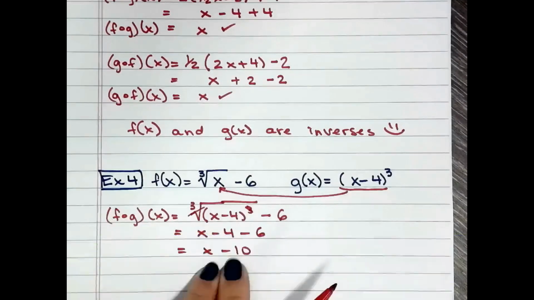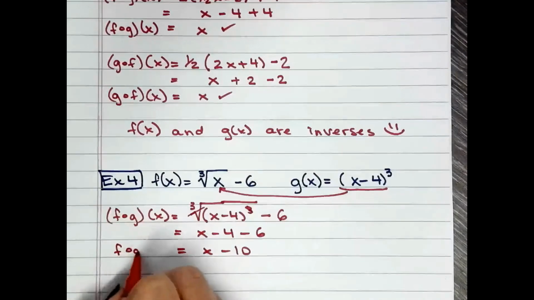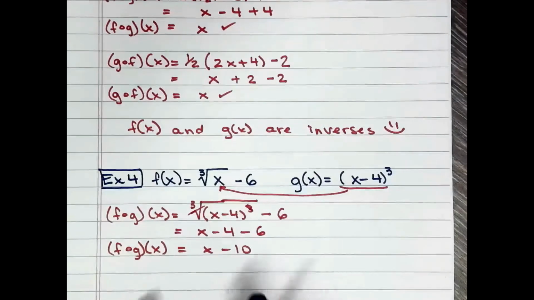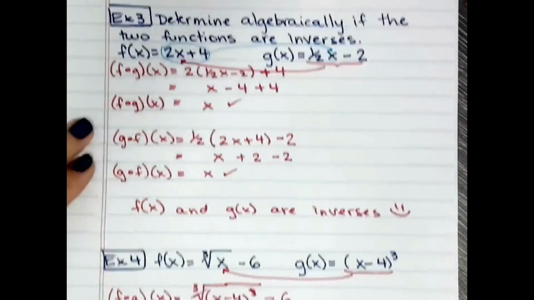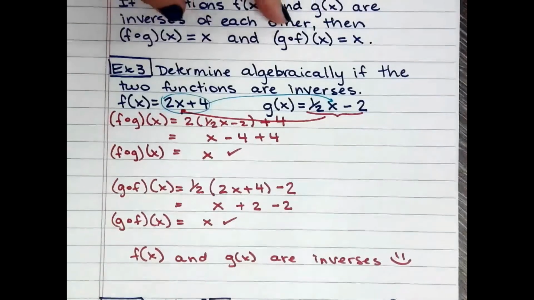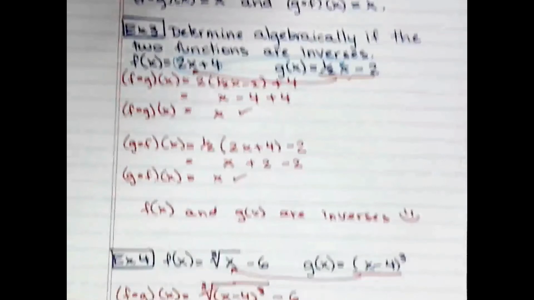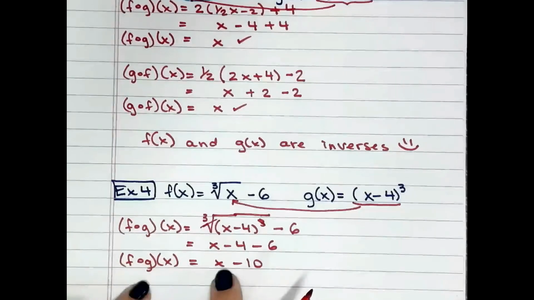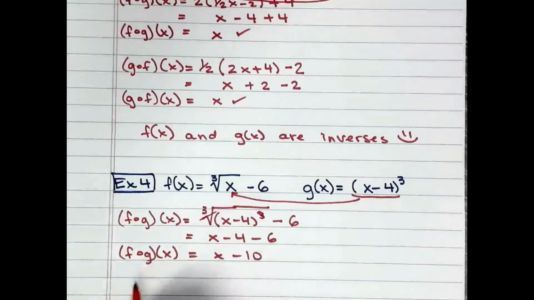I was expecting that to equal x, but it doesn't. So if the first one already doesn't check, there's no reason for me to keep doing it because they're not inverses. In order for them to be inverses, you need both. And since from the get-go, the first one already didn't give me x, there's no point for you to keep going and try to find g composed f of x, okay?